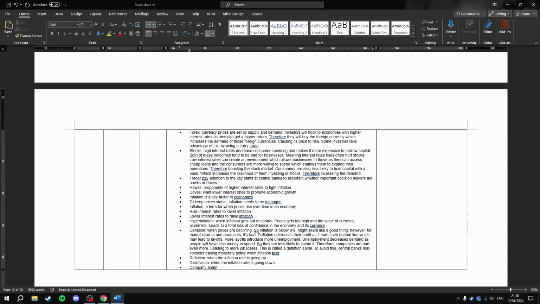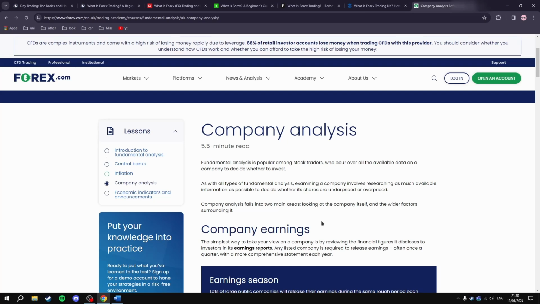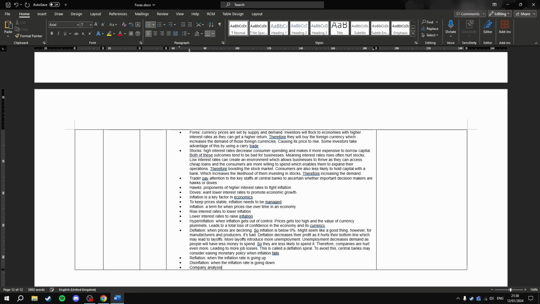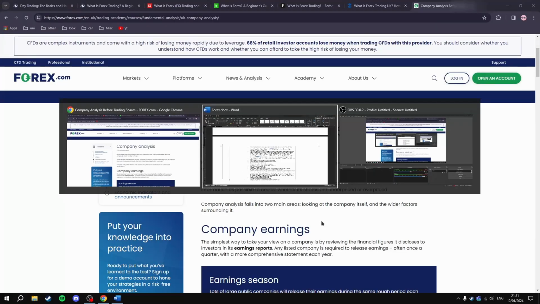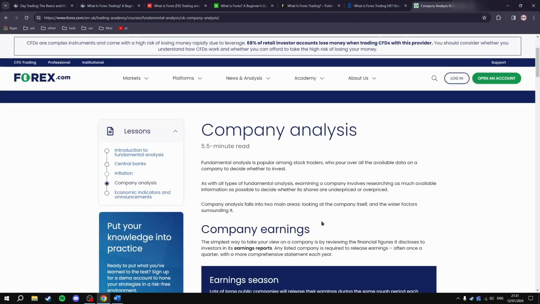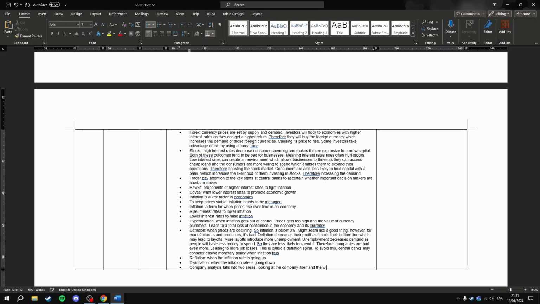Company analysis falls into two areas: looking at the company itself and the wider factors surrounding it.